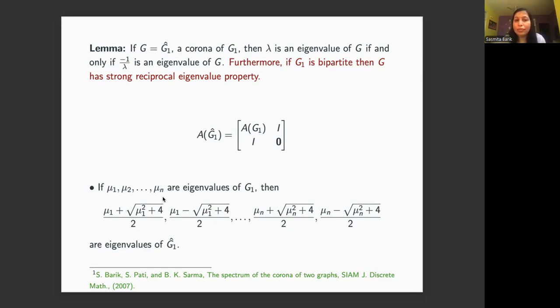I say pairing because if you multiply these two, you get -1. So if this is lambda, then this is -1 by lambda. And when you take the graph G1 as bipartite, somewhere here 1 by lambda is there again. So we have the result that if G1 is bipartite, then the corona of G1 satisfies the strong reciprocal eigenvalue property. This is the first result, and as I told, this is the largest class so far that we have got satisfying property SR.